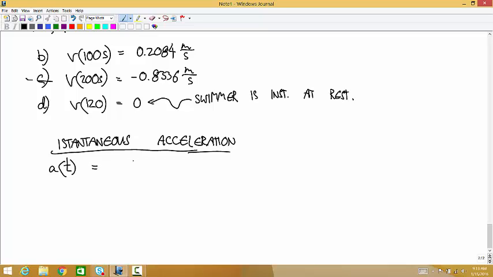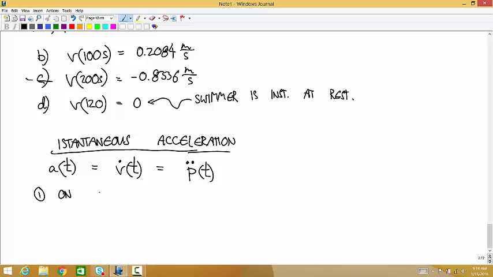And it's equal to the time derivative of the velocity. And that means that it's also equal to the second time derivative of the position function. The easiest place to see this is on a velocity versus time graph, but like I said, we're not going to use those very often.